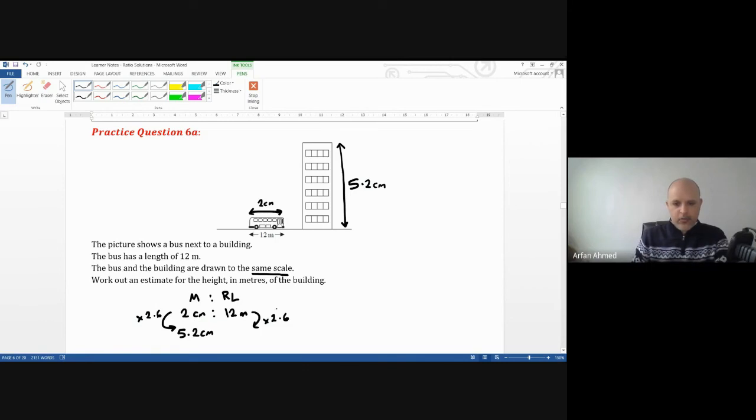I get 31.2 meters. And it's an estimate, obviously, because it's not going to be accurate. So if you got roughly 31 point something, or roughly 30 something, that's your answer. That's absolutely fine. Again, they'll give you a bit of leeway in the exam.